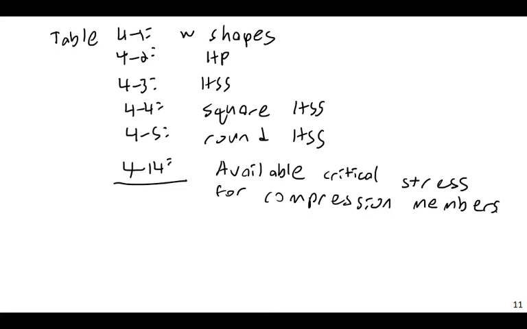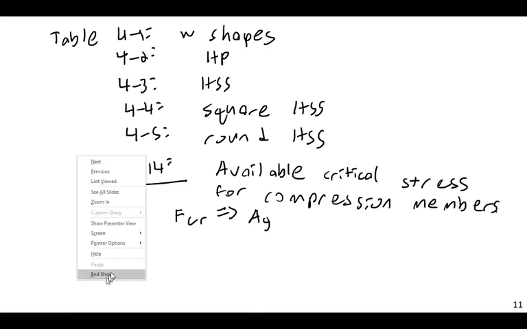You can use this to get your Fcr very quickly, and from that get the gross cross-sectional area required for a given axial load. We could talk more about this, but that's at a very basic level how you can use some of these column design aids.